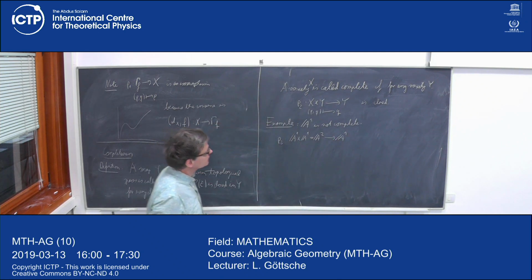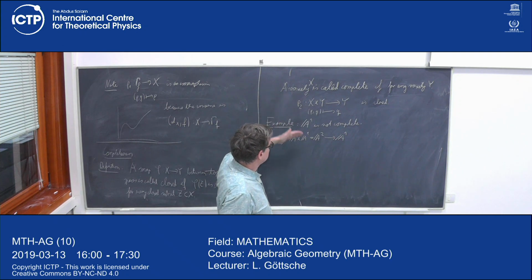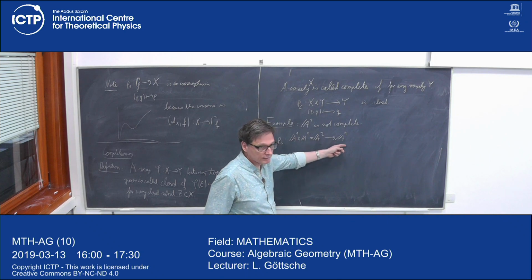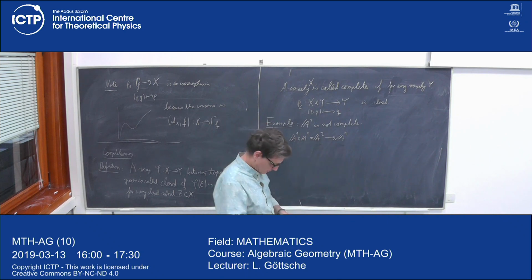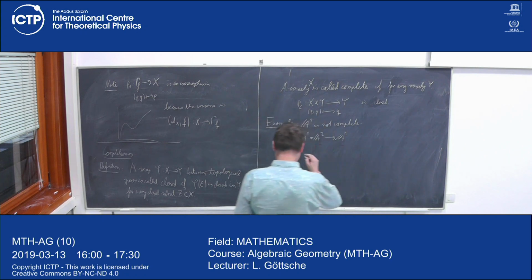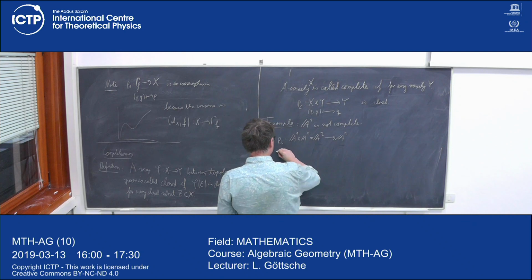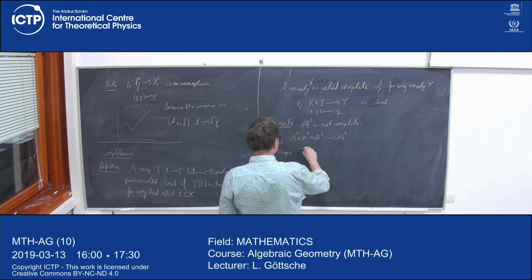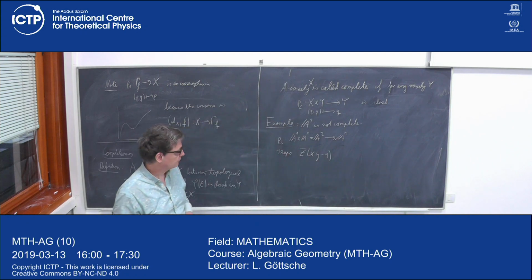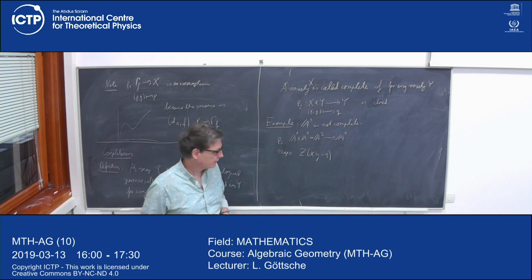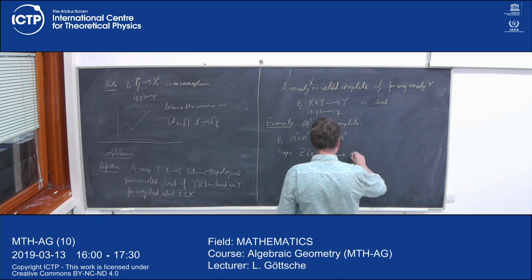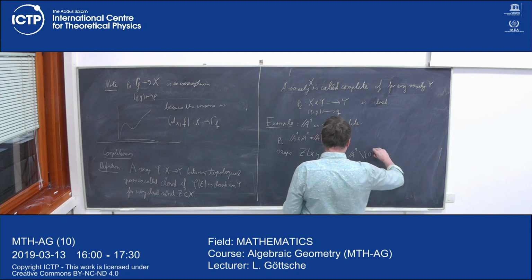Now we have to find a closed subset in A2 whose projection to A1 is not closed. So if I take the zero set of xy minus 1, x value here, y value here, it maps to A1 without 0, which is not closed.